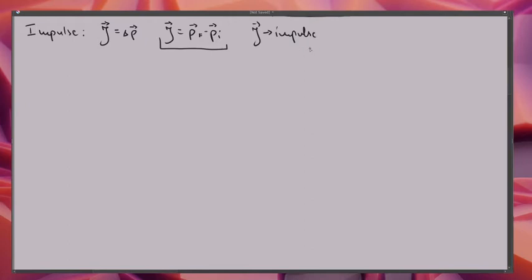Units of impulse. You have two options. You could either just stick with the units of momentum, or it's newtons times seconds. And you'll see why newtons seconds in a second. But for the moment, let me put it here. If on a test you put kilograms meters per second, that's fine, you'll get credit for that.